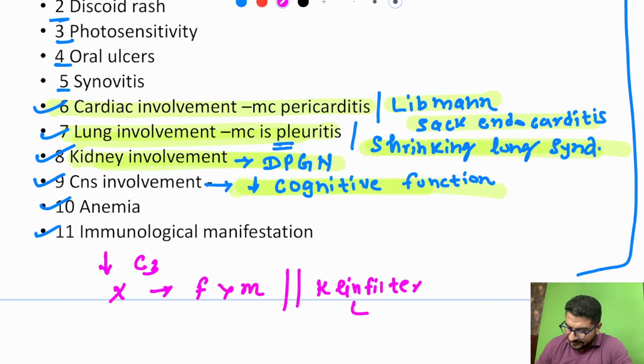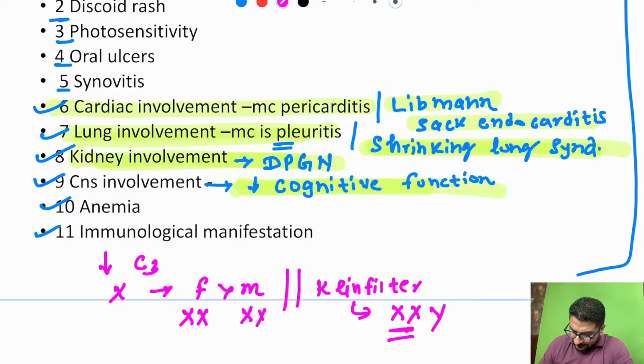Because they have XXY, so they have 2 X chromosomes. So this disease affects females because of the double X chromosome. In males you will see X and Y. So some pathology has been linked to multiple X chromosomes.